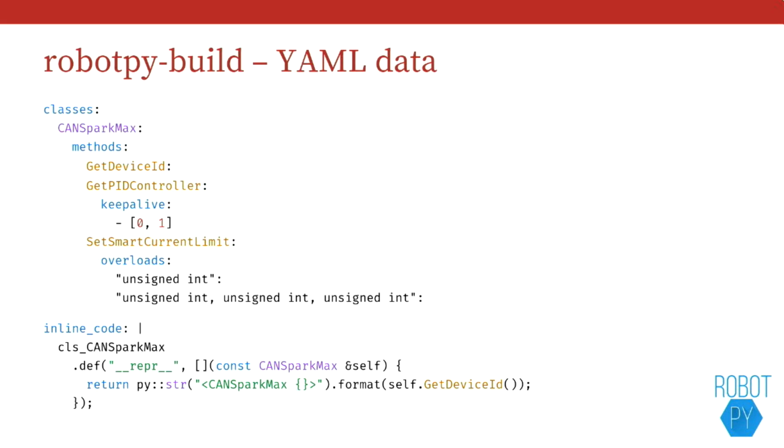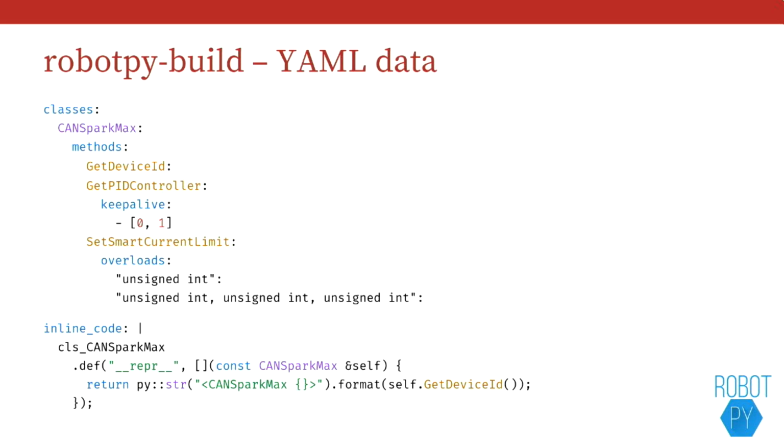So there is a little bit of new things in here where we have this keep alive thing. So what this does is it's part of pybind11, and it lets you bind the lifetime of one object to another. So in this case, here we have 0, which is our return value, and 1, which is self.